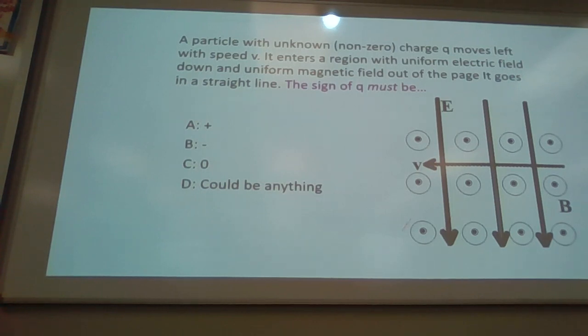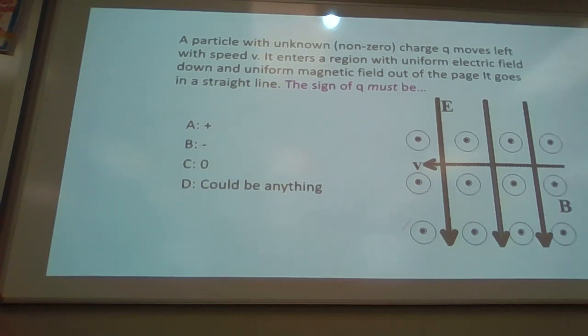Tell your neighbor. I'm gonna say C because it's not moving. If it's going through a magnetic field, it's not movement. It's going through an electric field. Yeah, the velocity is going straight. Oh, the velocity, not the trajectory.